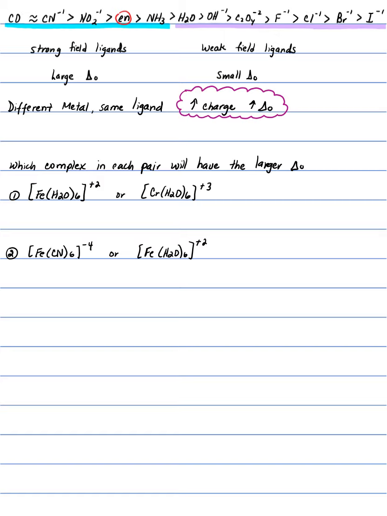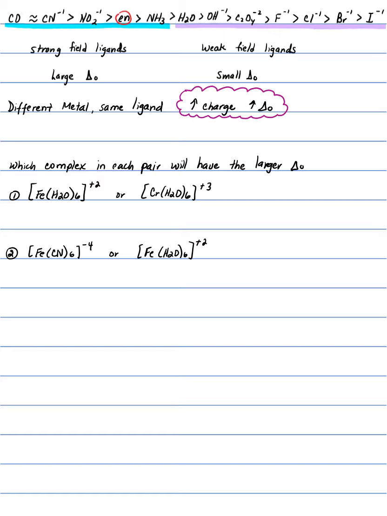So for number one, I have two metals. I have iron with water as a ligand, and I have chromium with water as the ligand. So you have two different metals with the same ligand. So we cannot use the spectrochemical series to determine which one is going to have a larger splitting because you have the same ligand.